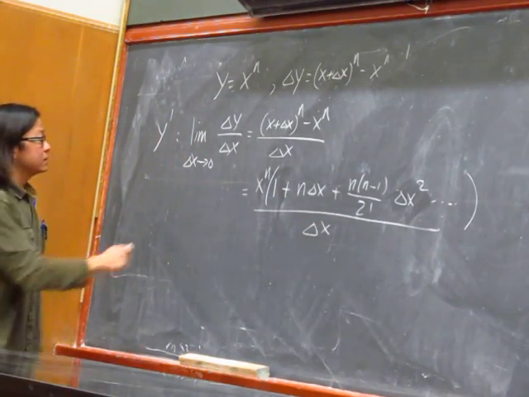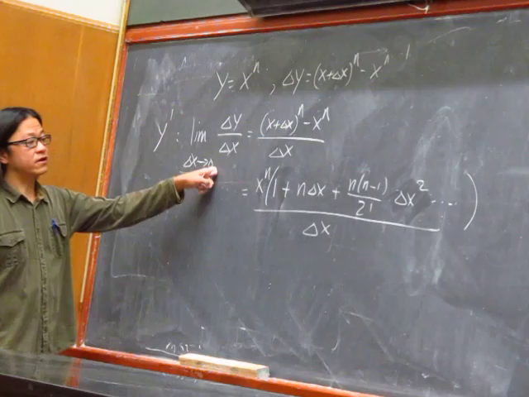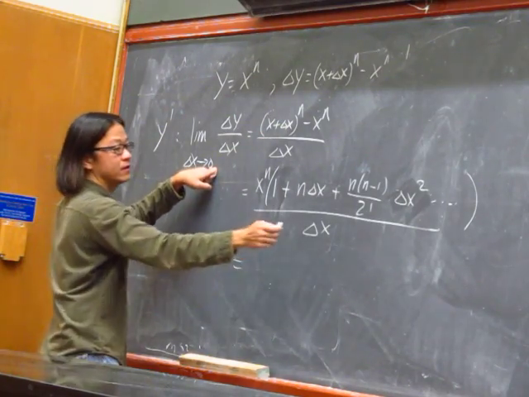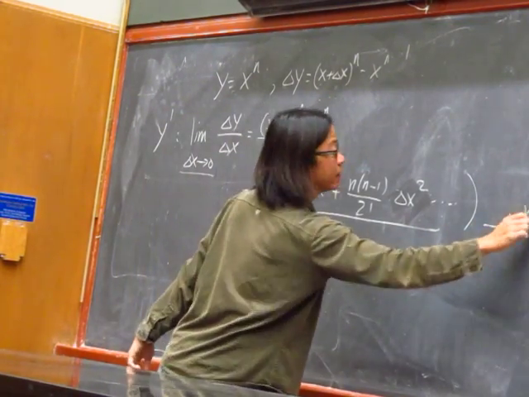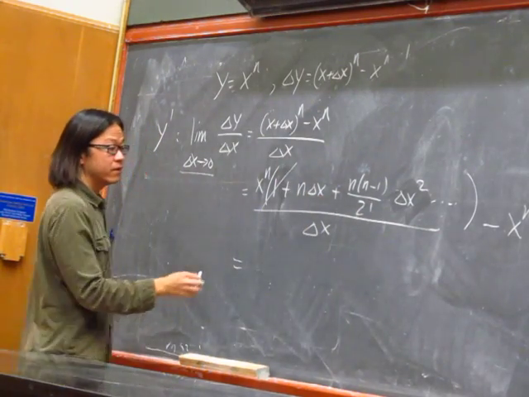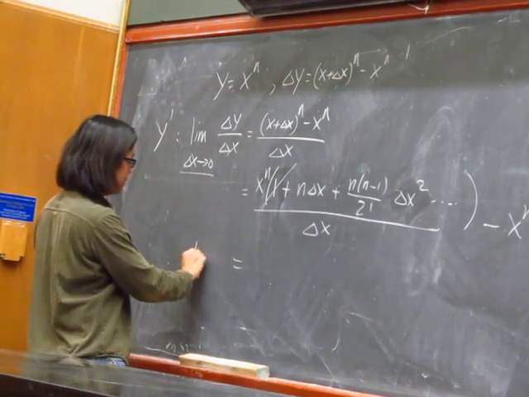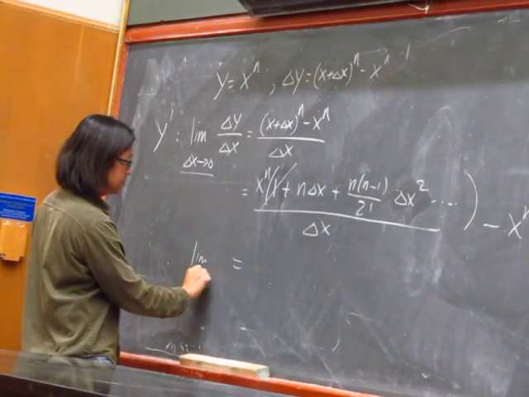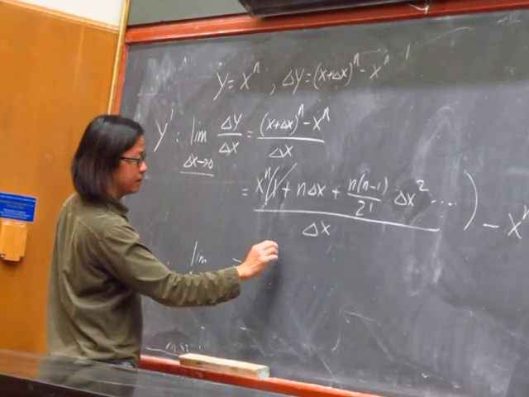If you take the limit when delta x goes to 0, well, this is minus x to the power of n, so it just cancels the 1. So I have just the limit as delta x goes to 0 of n.